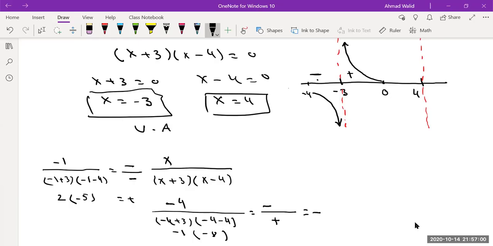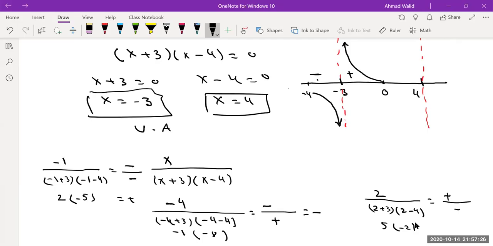Same way, if you pick another test point from 0 to 4, for example, let's say 2, correct? If you plug in 2 there, it will be 2 over (2 plus 3) times (2 minus 4). Numerator positive, denominator becomes what? 5 times negative 2, negative.